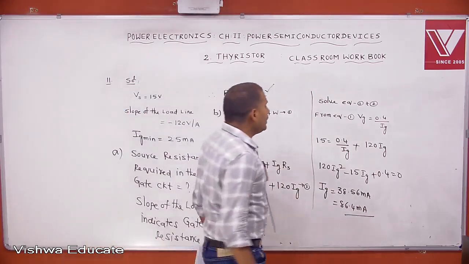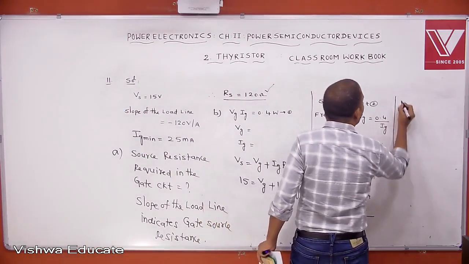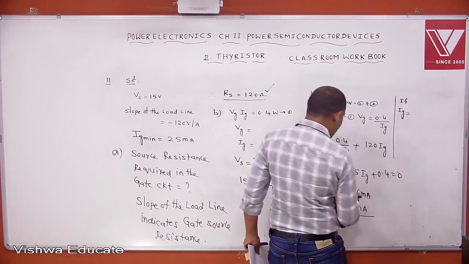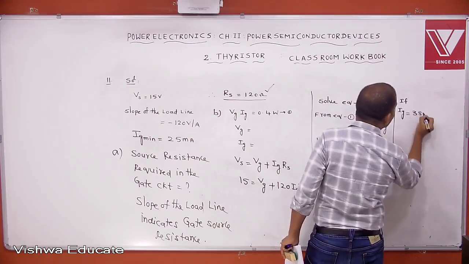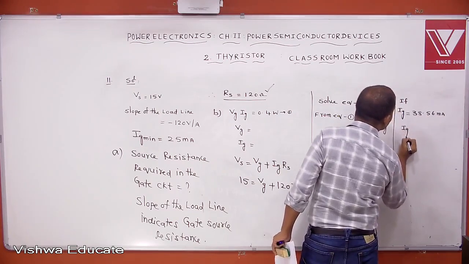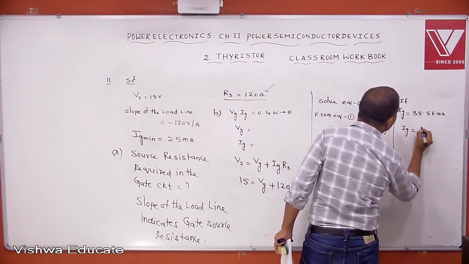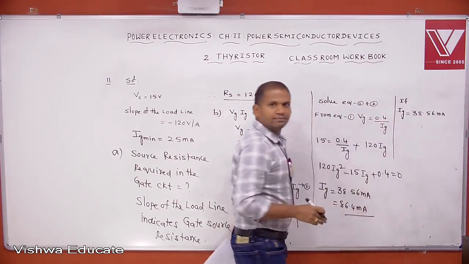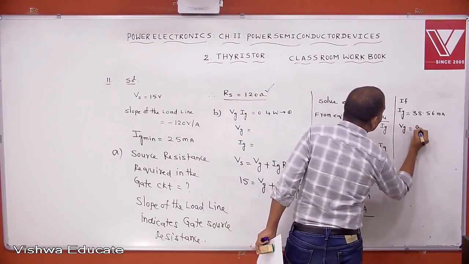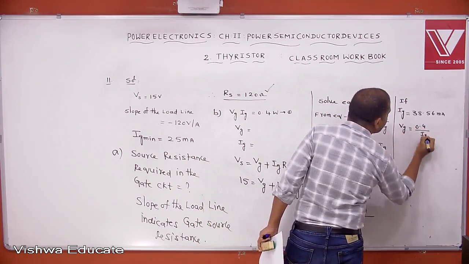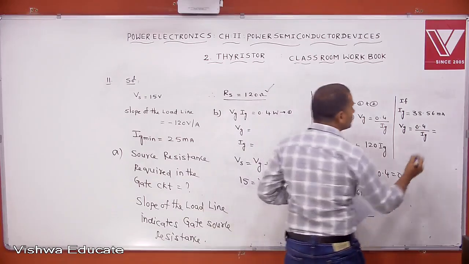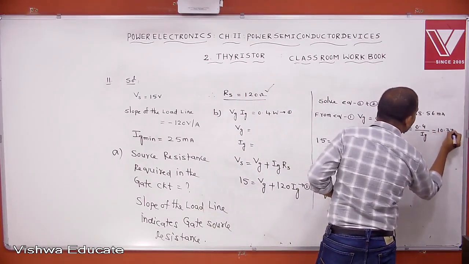Now if Ig equals 38.56 milliamperes, what is Vg? Vg equals 0.4 by Ig, which gives 10.37 volts.